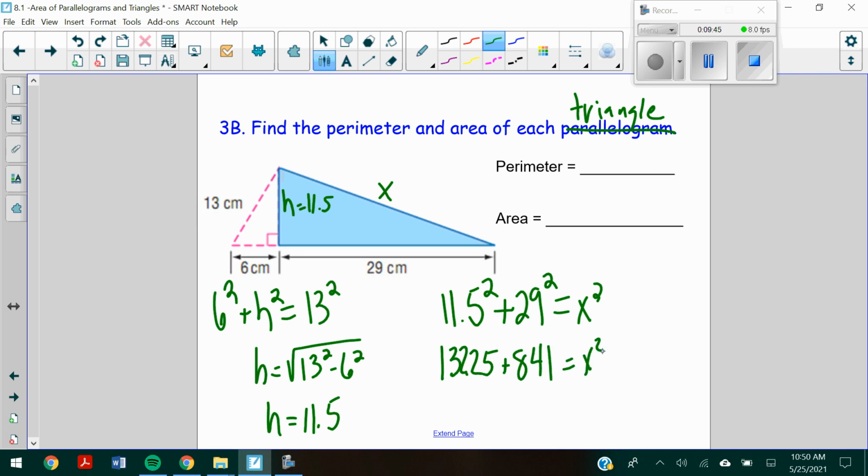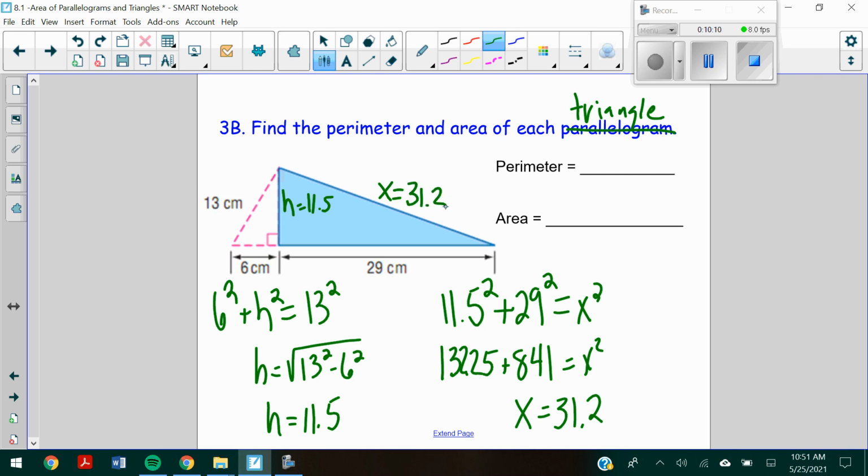All right, so we're going to take the square root of that. So we find x equals 31.2. If you use 133 in there, let's see if we get the same rounding. You do. You get 31.2. So it doesn't matter which one. We're going to end up with the same rounding.